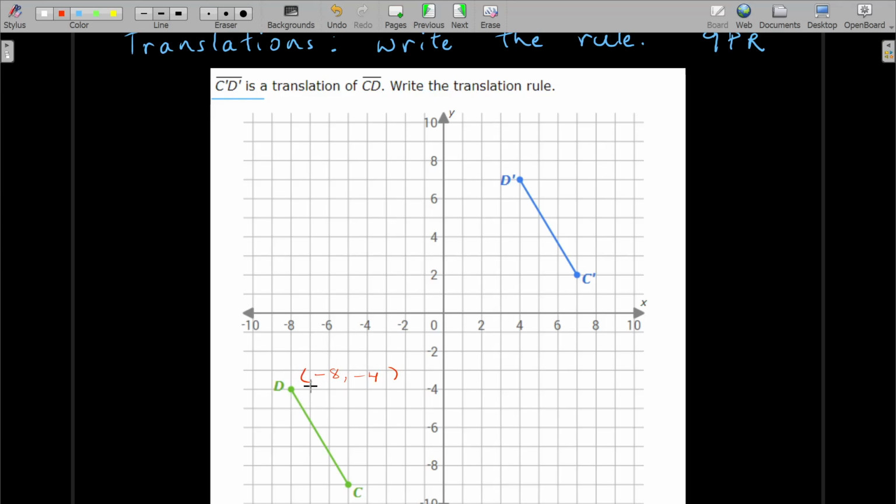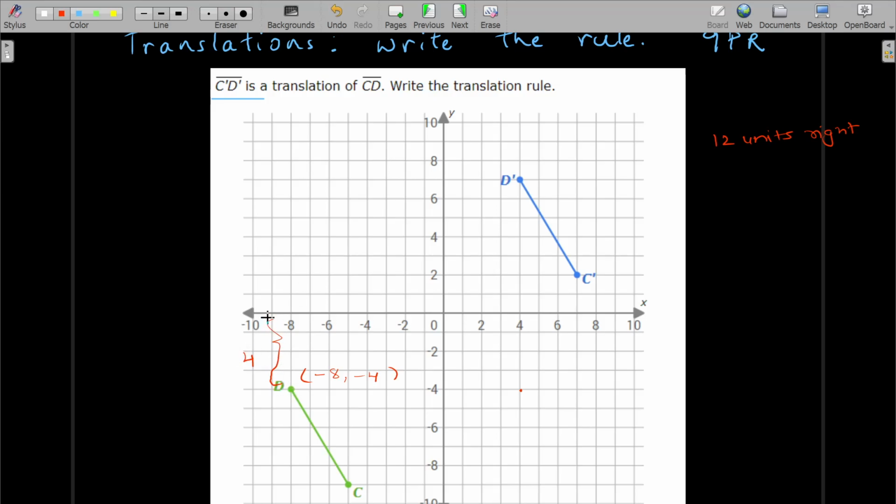Then it looks like it was shifted towards right by how many units? 8 units till 0 and then 4 units after 0. So 12 units right. And what is the change in the upward direction? So right now it is 4 units below.